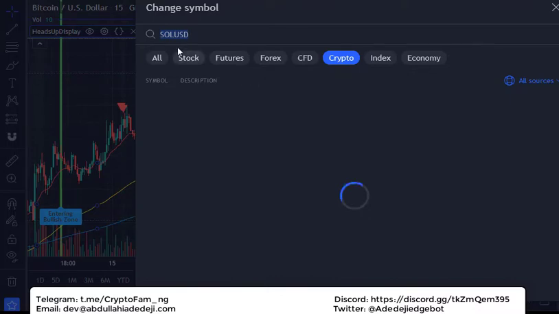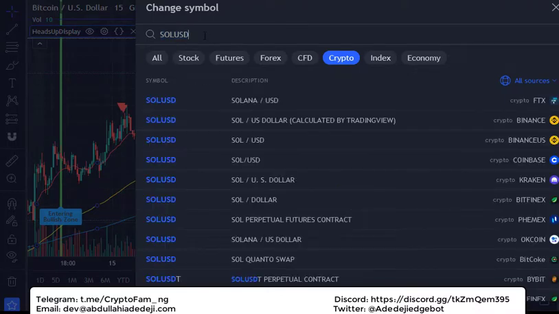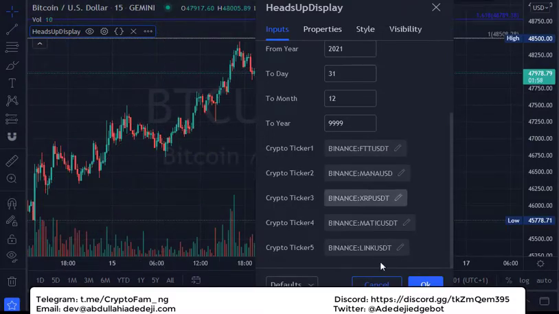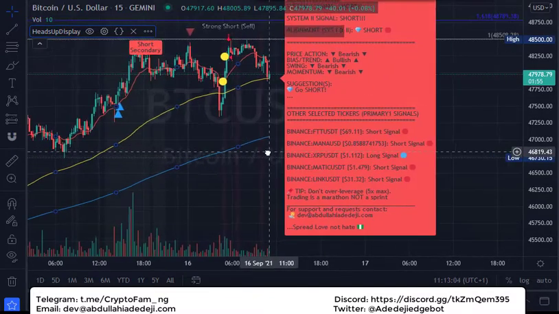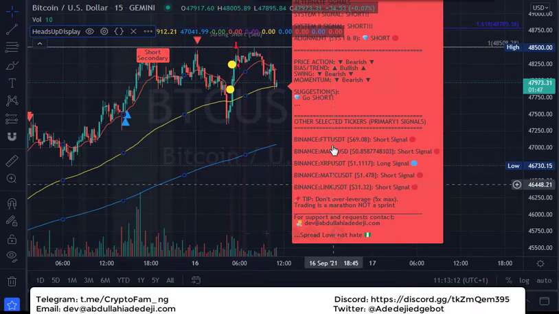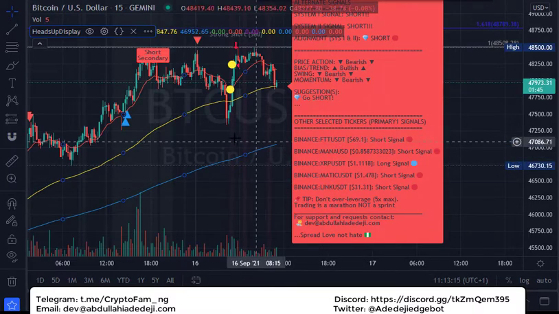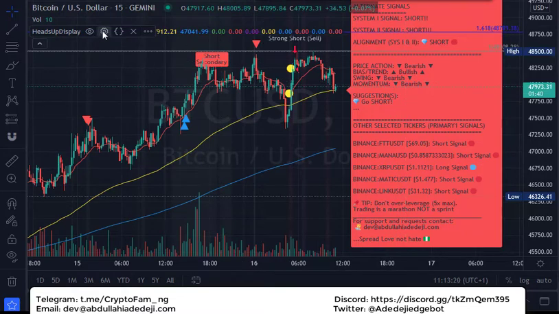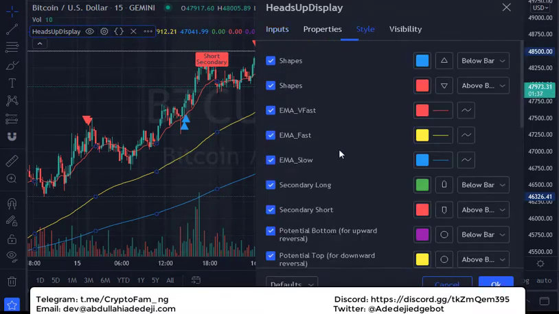You can change it to, let's just say, FTT, sorry. So right now we have FTT as the first trading pair. You can make changes to this as you deem fit. Alright, so that's for the label. Let's turn that off in a bit.